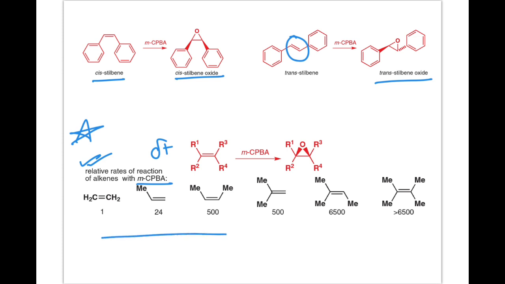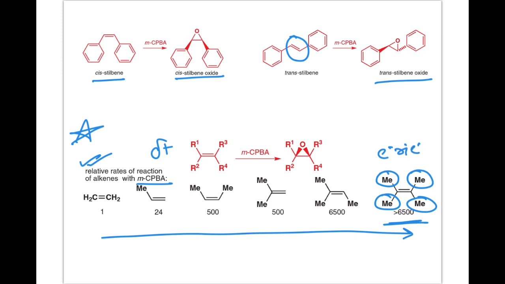You see the scale over here. As the methyl substituents go on adding on the alkene, the reactivity goes on increasing, and the maximum is for tetra substituted because it is the most electron rich. That is why epoxidation is very easy over here.